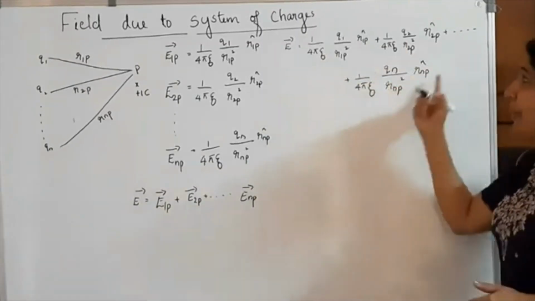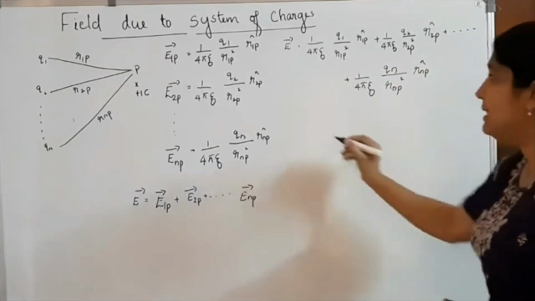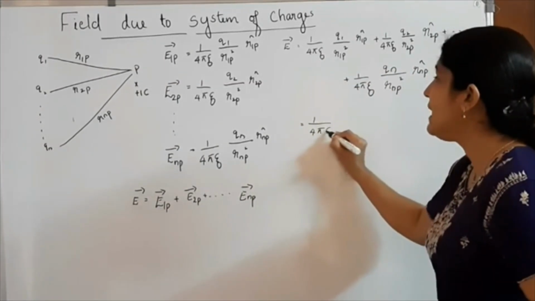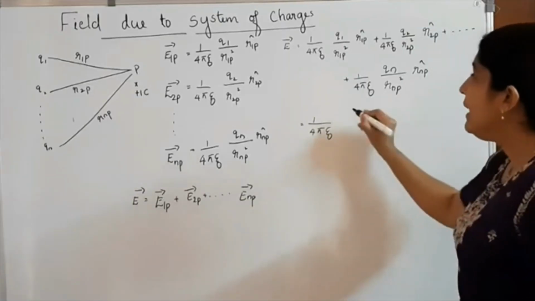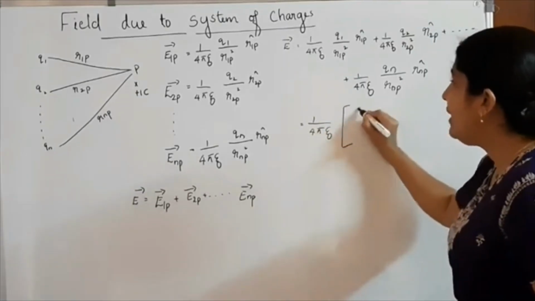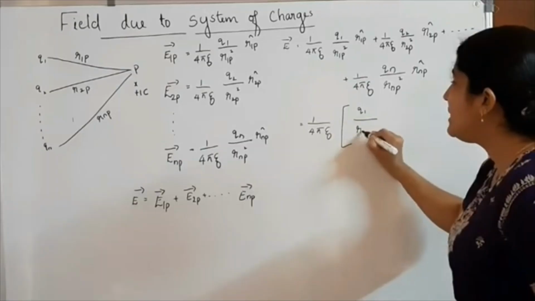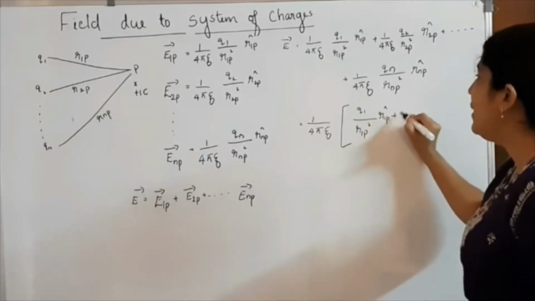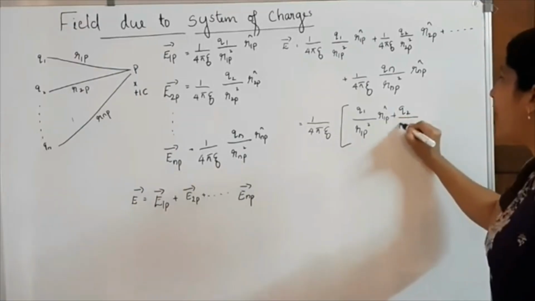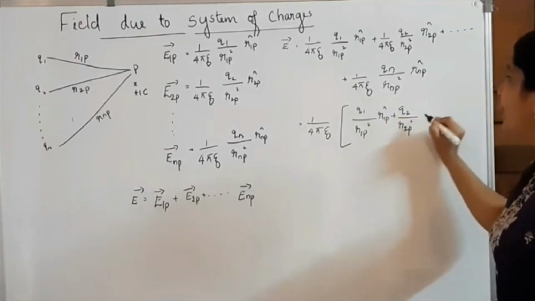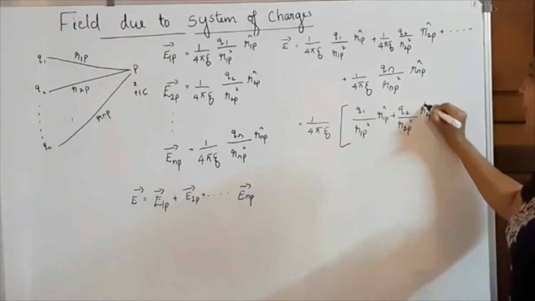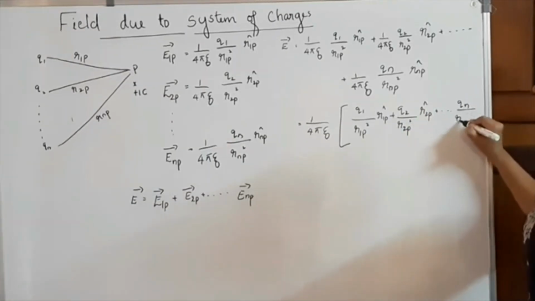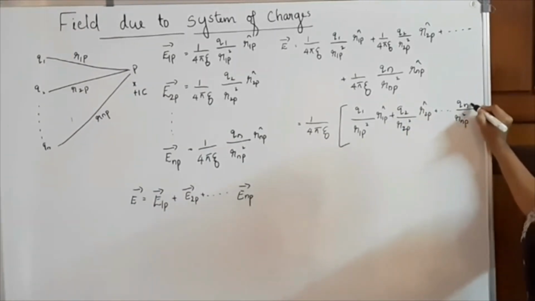On taking the common factor 1 by 4 pi epsilon 0 outside, we get Q1 divided by R1P square into R1P cap plus Q2 divided by R2P square into R2P cap plus etc. to Qn divided by RnP square into RnP cap.